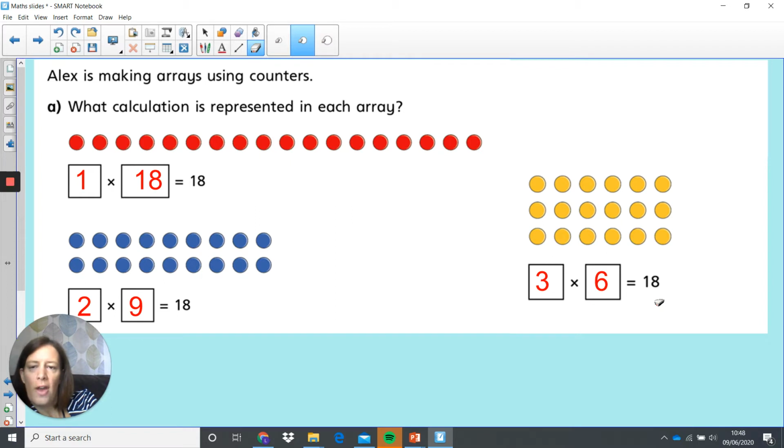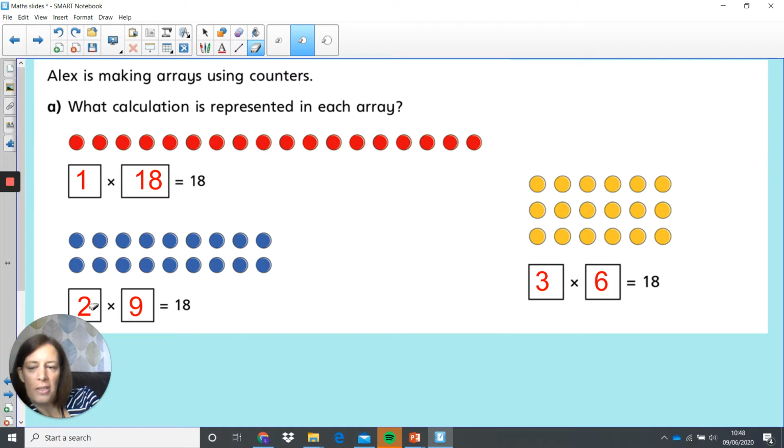So if we were going to find out what the factor pairs of 18 were, they are 1 and 18, 2 and 9, and 3 and 6. Factor pairs are the two numbers you can multiply together to get the number that you want to find the factor pairs of. So 1 and 18 are a factor pair, because they multiply together to make 18.